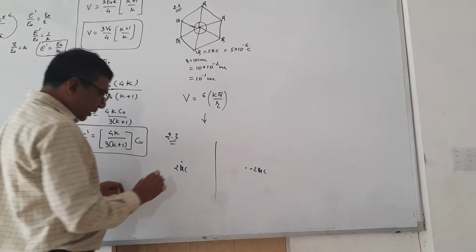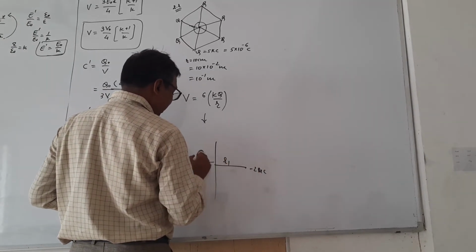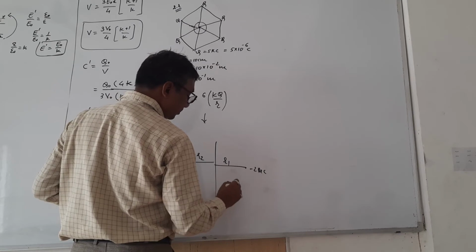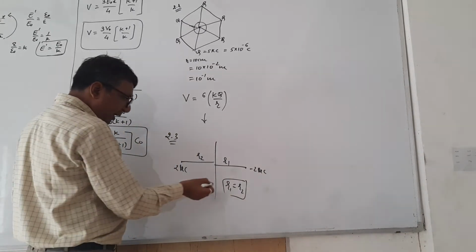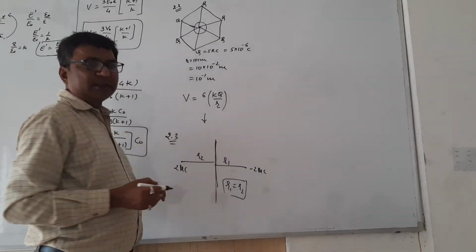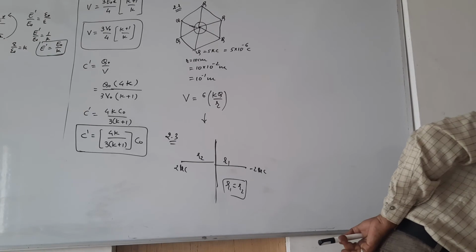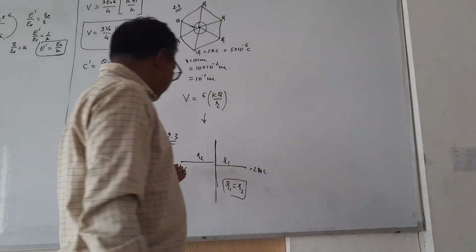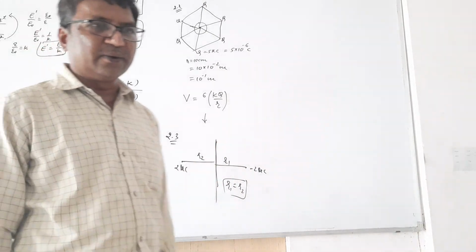So if the distances R1 and R2 are equal, then that place is an equipotential surface. This is because this is positive and this is negative, so the resultant will be 0.